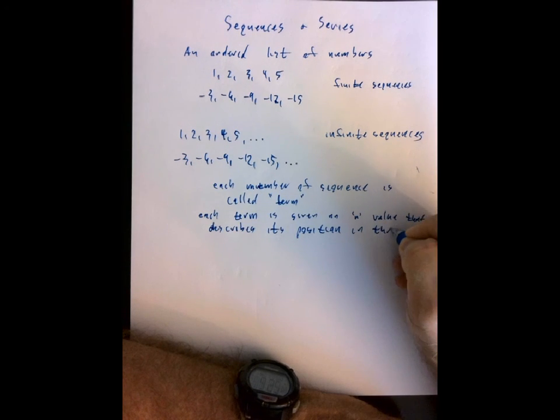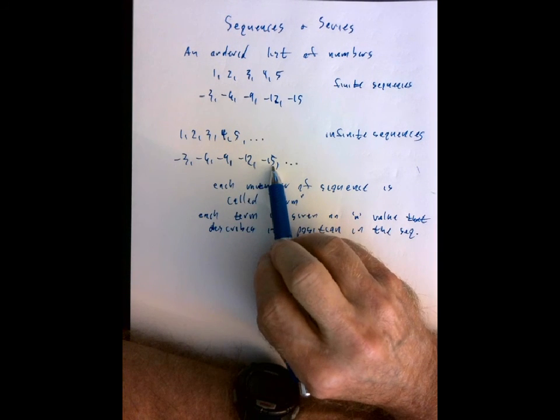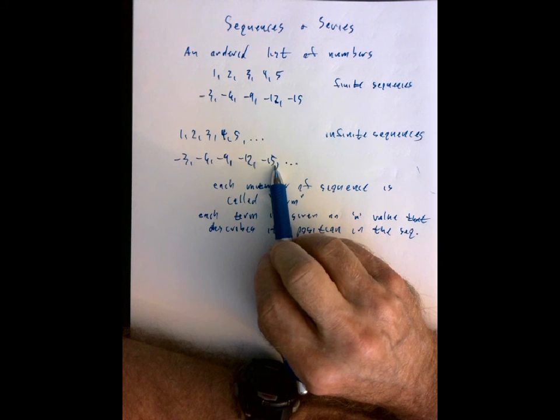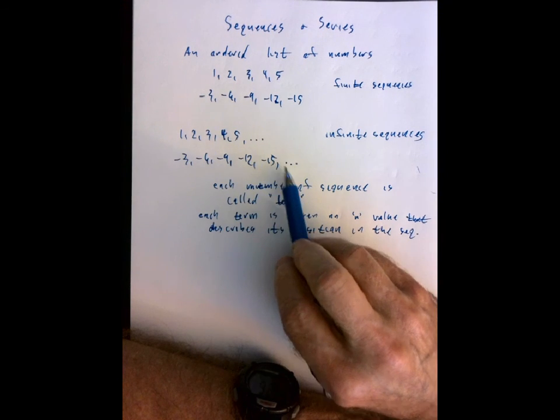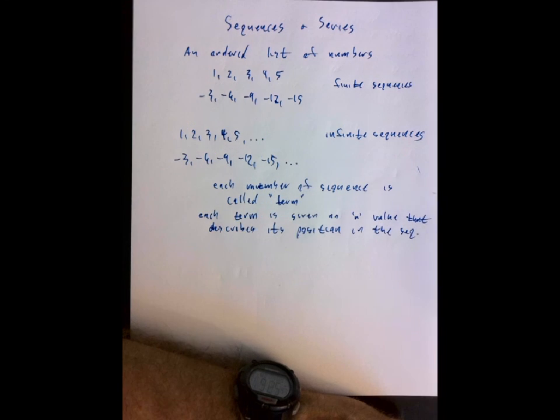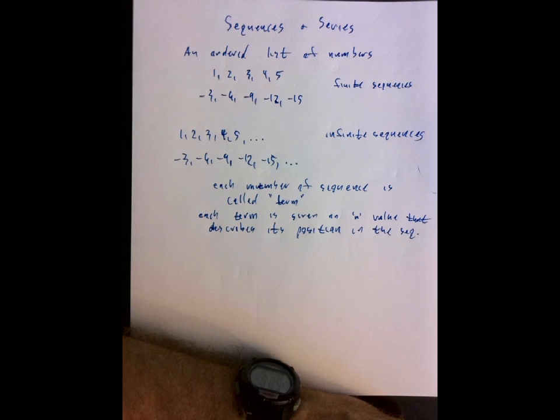Okay? So for instance, we could say in this sequence, we don't know what it is, but this sequence would have a 100th term in it. So if I counted out 1, 2, 3, 4, 5, and then 6, 7, 8, 9, 10, 11, 12, all the way out and followed the same pattern out to the 100th number in line, we would say that that is the 100th term. Okay, does that make sense?